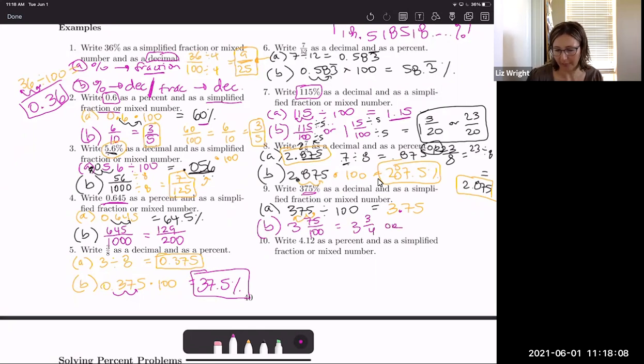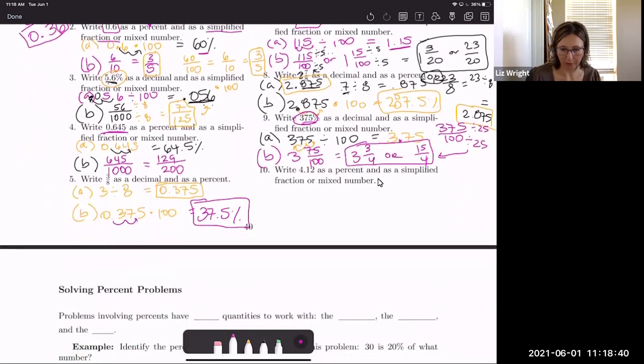Or if you want to leave it as an improper fraction, 4 times 3 is 12, plus 3 is 15, and that would be 15 over 4. So that would be what you got if you chose to do from here. If you chose to do 375 over 100, and then you divide by 25 and you divide by 25, you would end up right here. So again, your choice, you pick which way is most comfortable for you, and then make sure you show your work and circle or box up your answers.